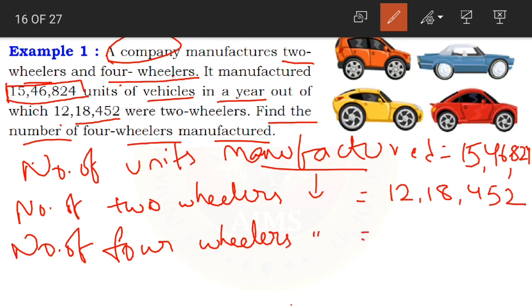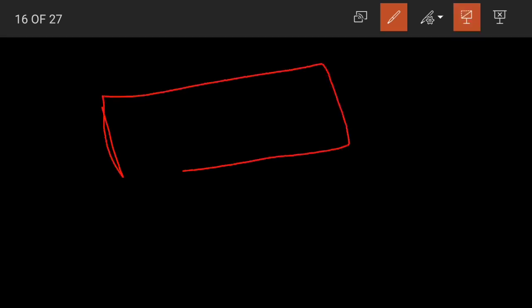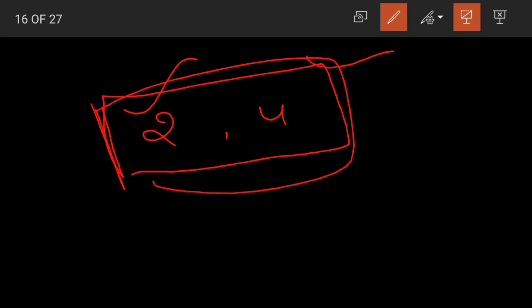The number of total units. See, the company is manufacturing some vehicles. What are they manufacturing? Two and four-wheelers. Now we already have the two-wheelers, and we know the total number of vehicles manufactured. Now we should find out the number of four-wheelers manufactured.